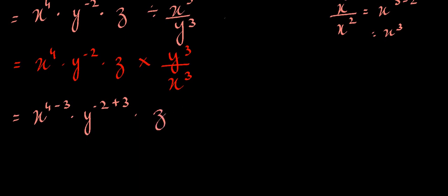Never mind, it's going to enjoy its own company. That is equal to x raised to 4 minus 3 is 1, into y raised to minus 2 plus 3. Again that is y raised to 1, and our little z was already by itself.